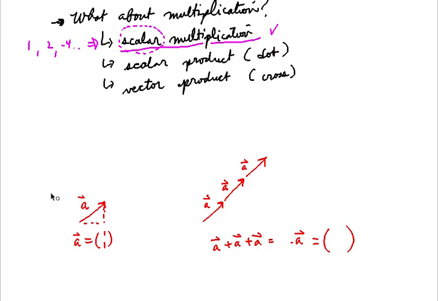Let me back up a little bit and introduce to you how scalar multiplication works. If I have a vector A, and let's say this vector A has the components of 1 and 1. So it's 1 this way and 1 this way.